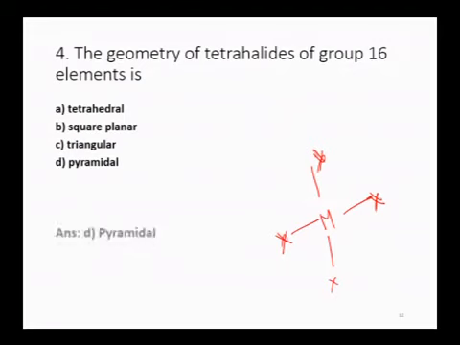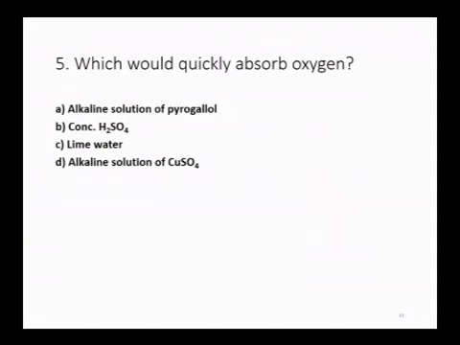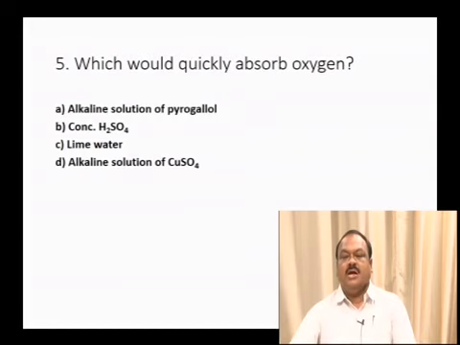Next, which would quickly absorb oxygen? Options are alkaline solution of pyrogalol, concentrated sulphuric acid, lime water, alkaline solution of copper sulfate. Among these, as you know, concentrated sulphuric acid absorbs water, lime water absorbs carbon dioxide, alkaline solution of copper sulfate absorbs water.